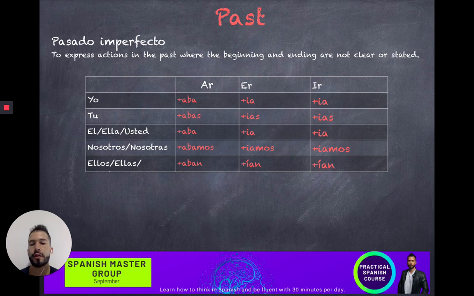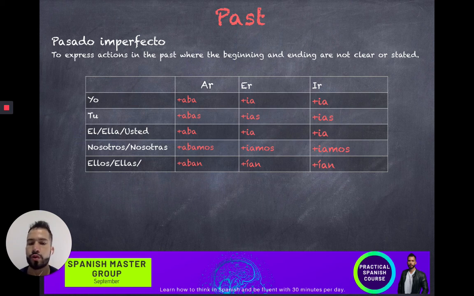For ER, ía, and same for IR. Tú, which is you, abas, ías for ER, IR. Él, ella, usted, you add aba. And for ER or IR, ía.